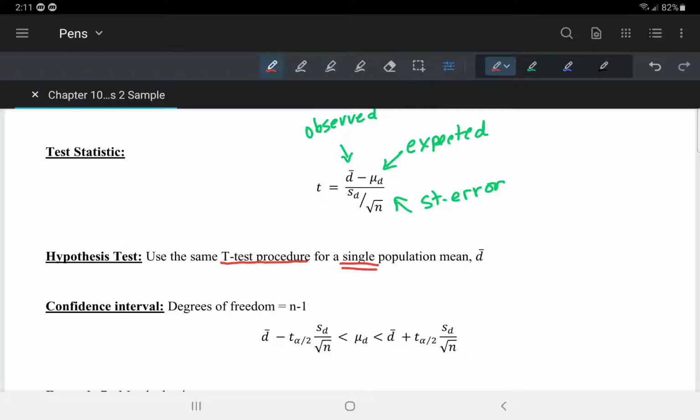Since this will be a single population, the degrees of freedom will be n minus 1. And the confidence interval will be the sample data average minus the error and the sample data average plus the error.